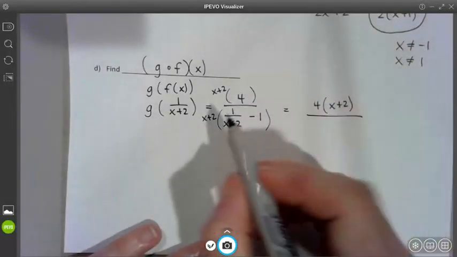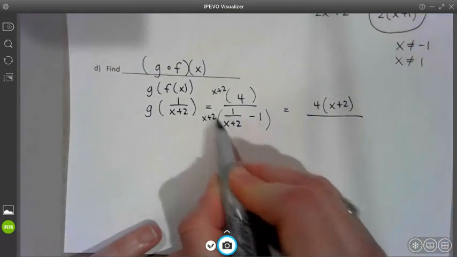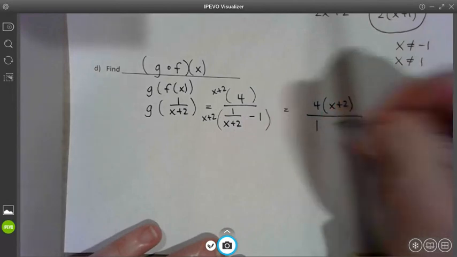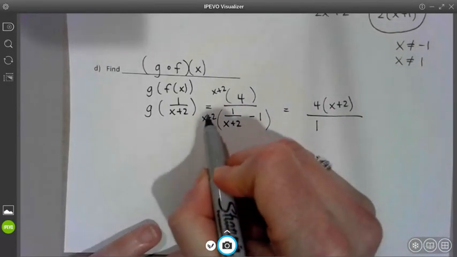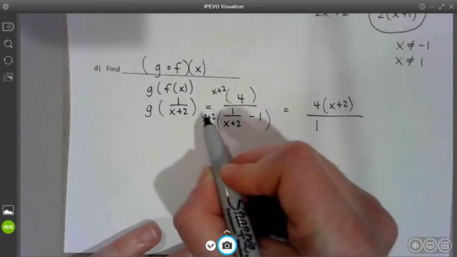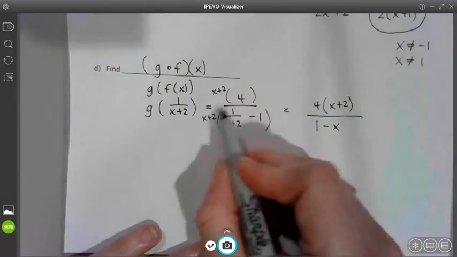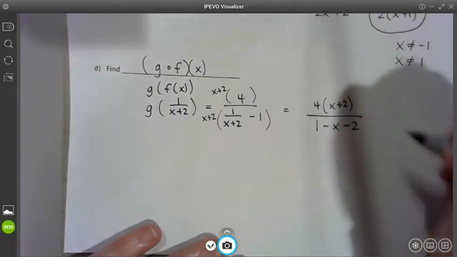Over, if I do a distribution again, x plus 2 times this fraction, the x plus 2's would cancel, and I'd be left with 1. And then x plus 2 times -1, I actually end up having to distribute the -1 to the x and the plus 2. -1 times x is -x. -1 times +2 is -2.